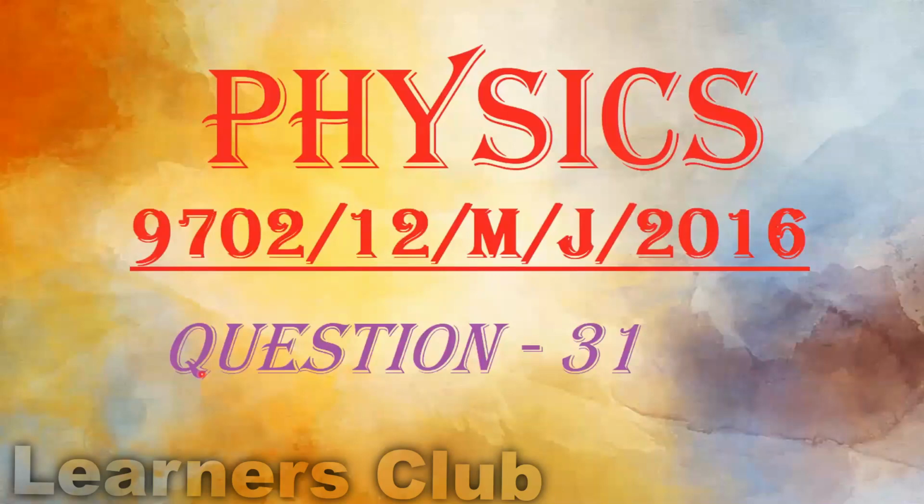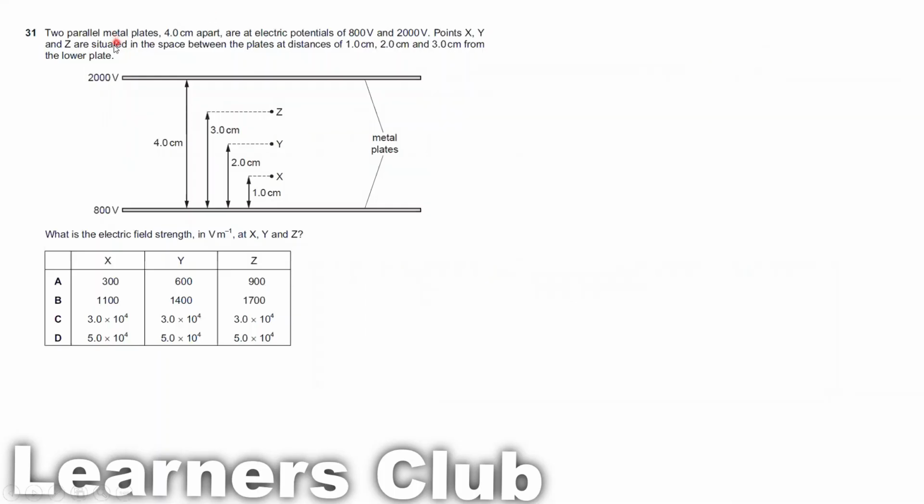Question 31. Two parallel metal plates 4.0 centimeter apart are at an electric potential of 800 volt to 2000 volt. Points X, Y, Z are situated in the space between the plates at distances 1.0 centimeter, 2.0 centimeter, 3.0 centimeter from the lower plate.